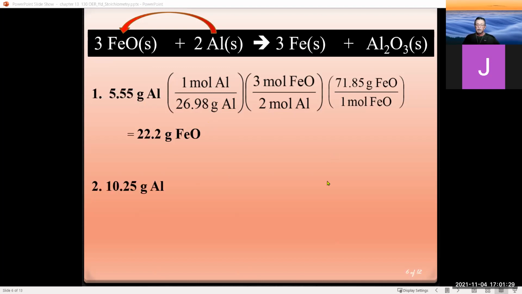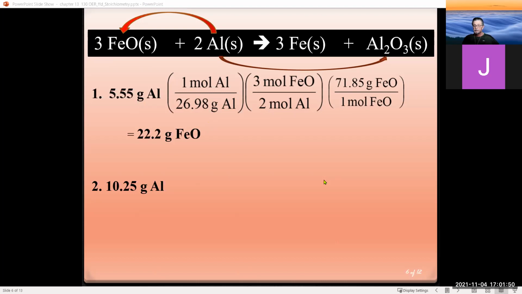We are starting with 10.25 grams of aluminum. In this scenario, our only concern is the aluminum, which is 10.25 grams, and the aluminum oxide. We need to calculate how much aluminum oxide I am going to make, okay?